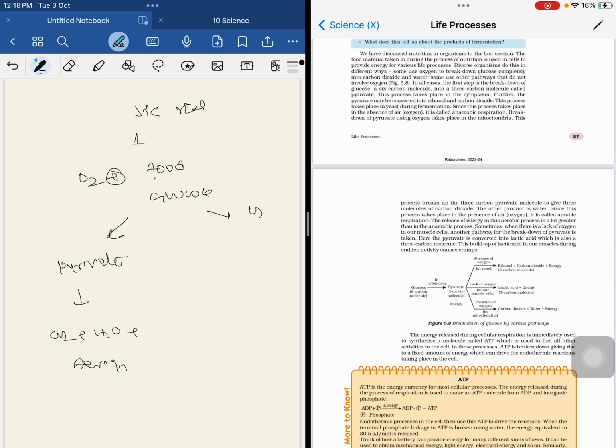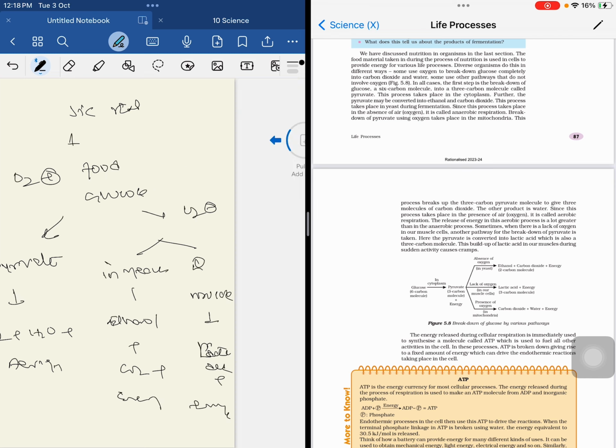If oxygen is not available, it is of two types. In yeast, it is converted into ethanol, that means alcohol, plus carbon dioxide plus energy. In our muscle, where there is no oxygen, glucose is converted into lactic acid plus energy.